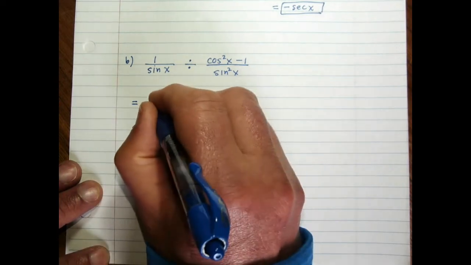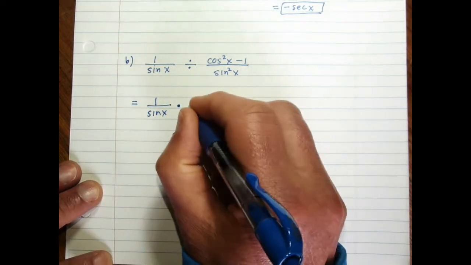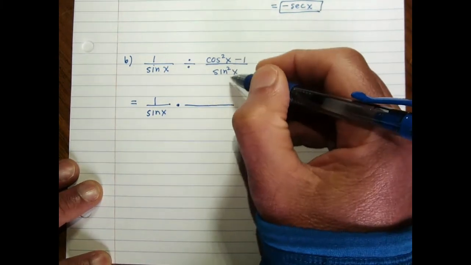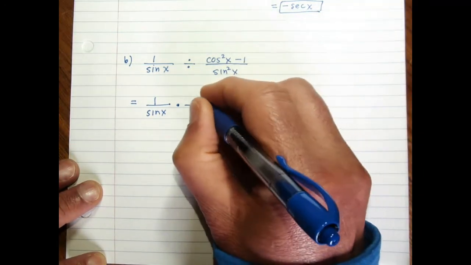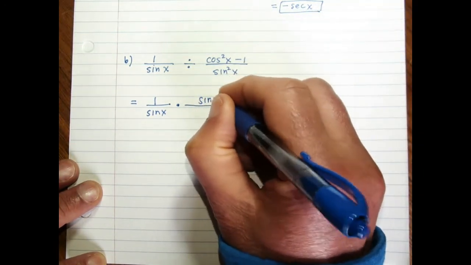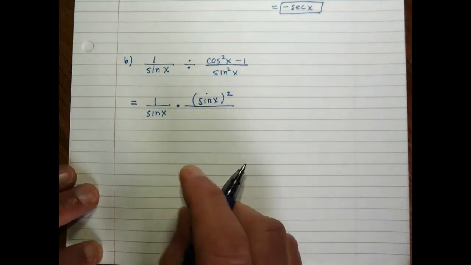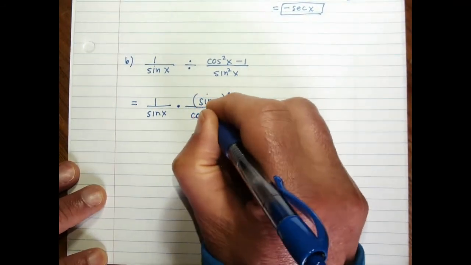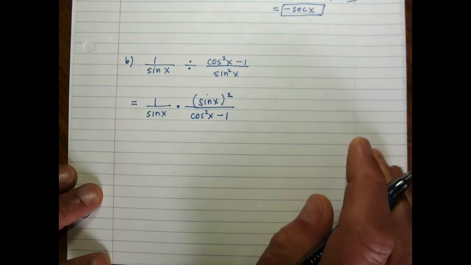I have 1 over sine x. I'm dividing fractions, so that's times the reciprocal of the right-hand side. This sine squared x notation, I like to write as sine x in parentheses squared. And then I've got cosine squared x minus 1.